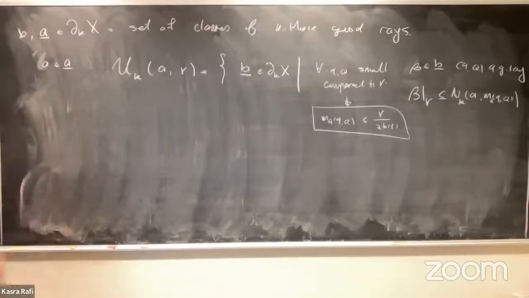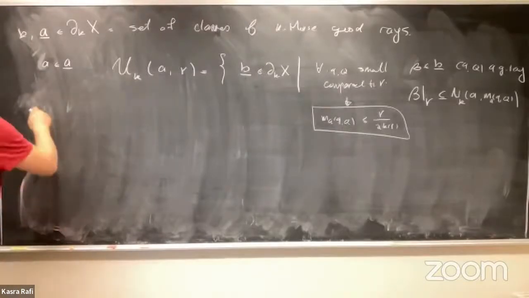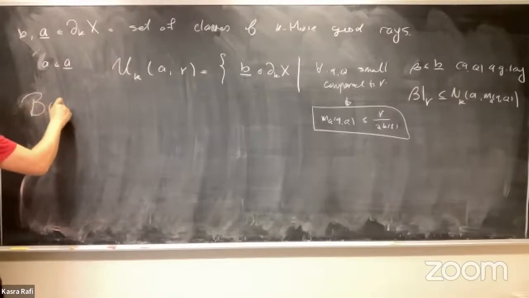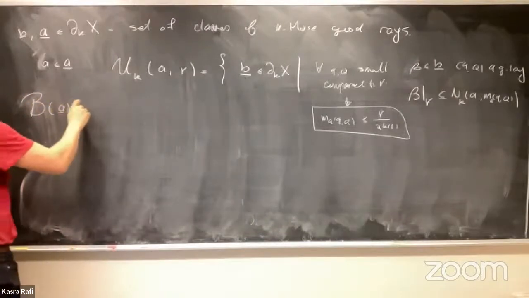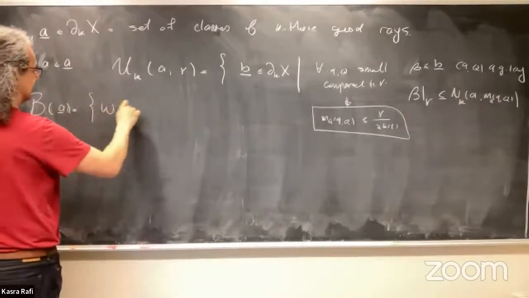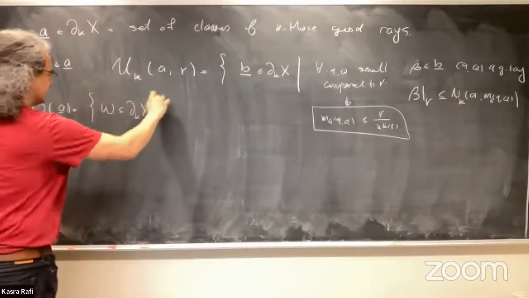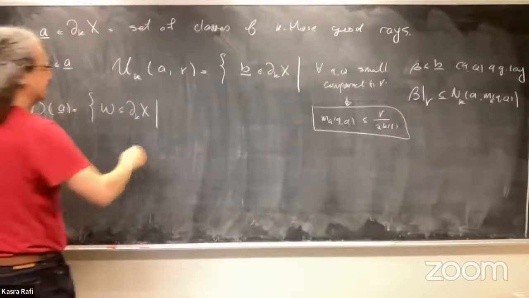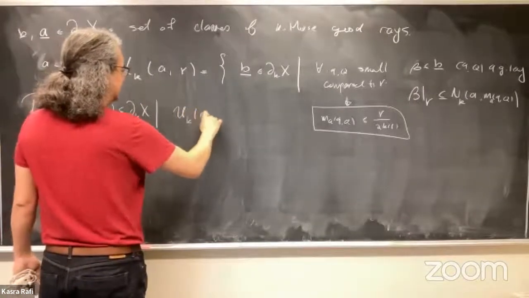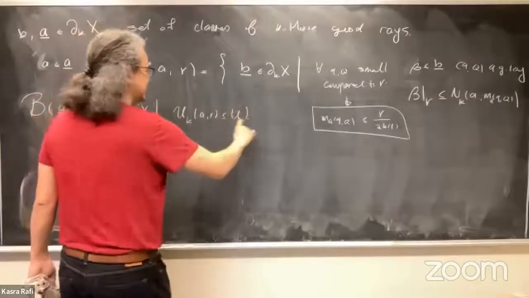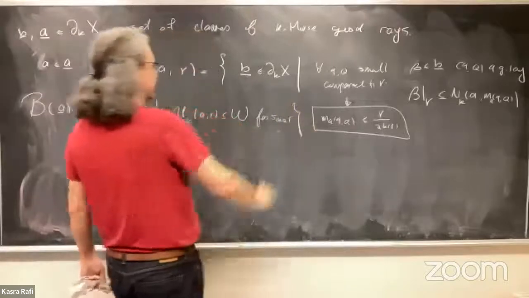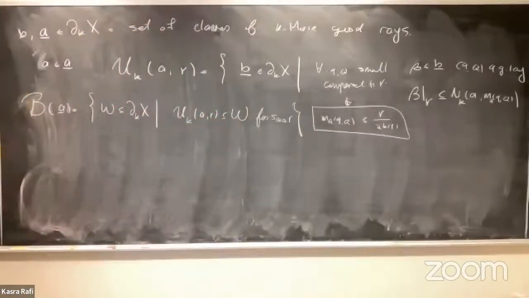Okay, so this is the definition of the U, and then I define a neighborhood basis of A to be the set of all subsets W of the boundary, right, such that U_A,R is a subset of W for some R. I mean, this is a neighborhood basis around the point.